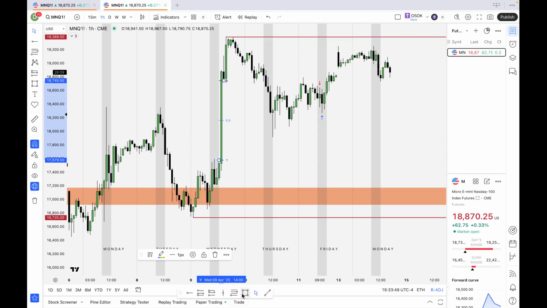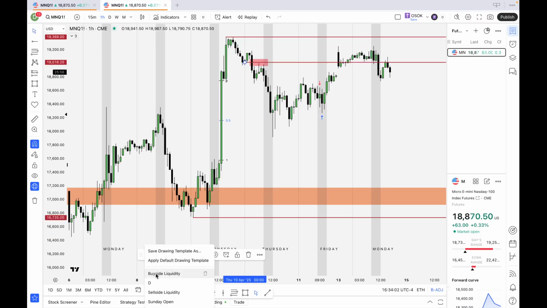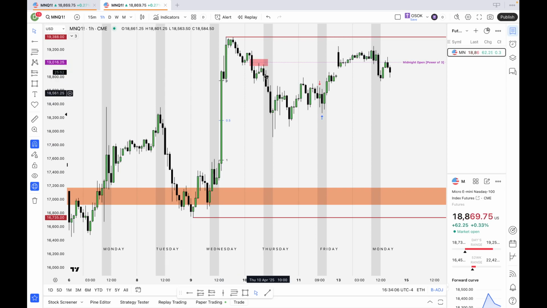I also see this internal range liquidity pool here. We'll make it red right at midnight. So that's my higher time frame analysis on an hourly chart before I look for M15 entries on Thursday.